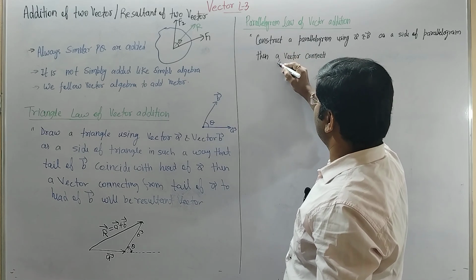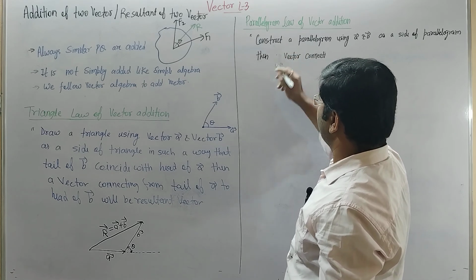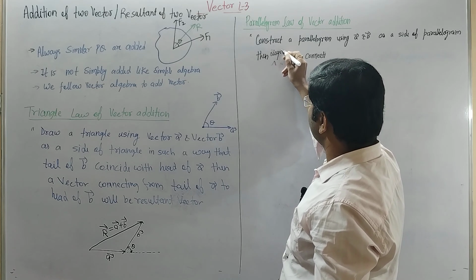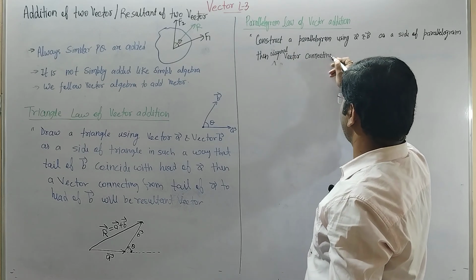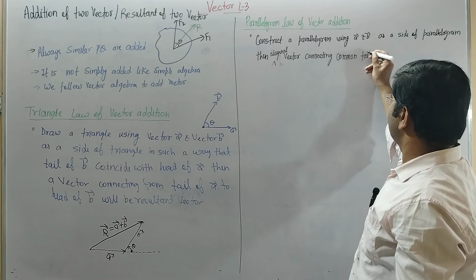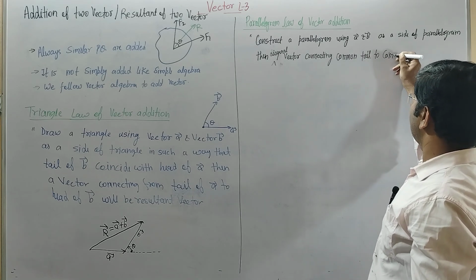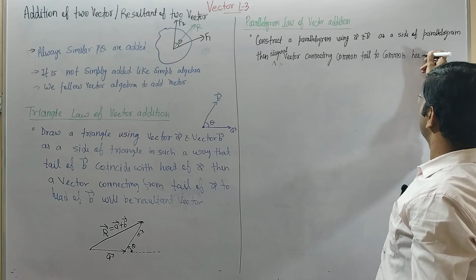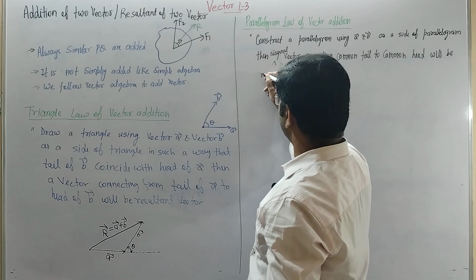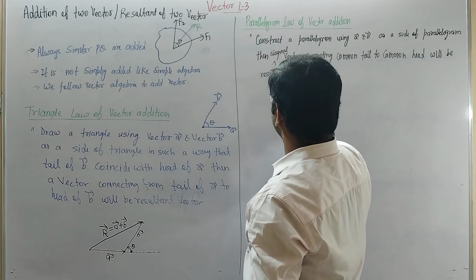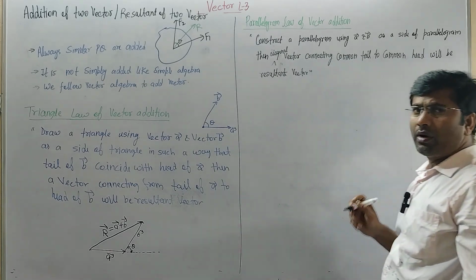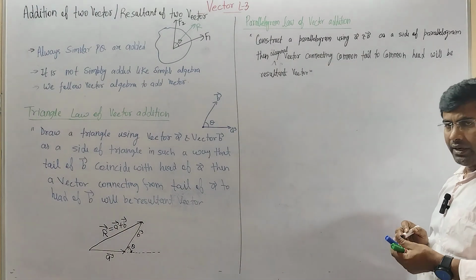So this is a diagonal vector connecting common tail to common head, and it will be the resultant vector. So a vector which connects common tail to common head will represent the resultant vector.